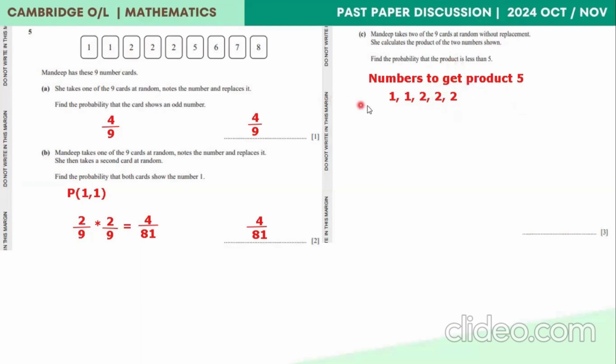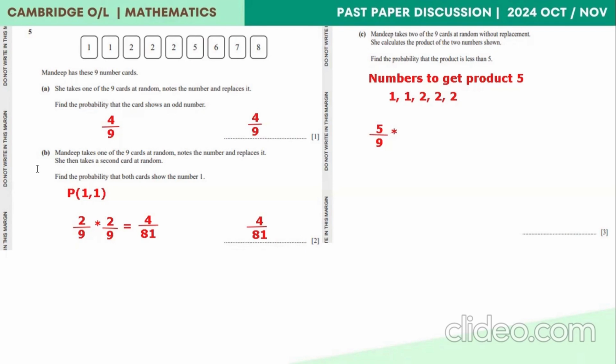So now the probability of getting these 5 numbers on our first instance, that means the first card, would be 5/9. So this is our first instance, the first time when she takes the cards.